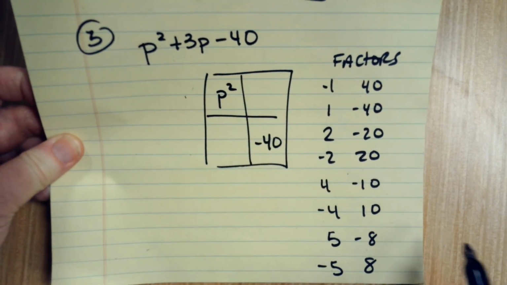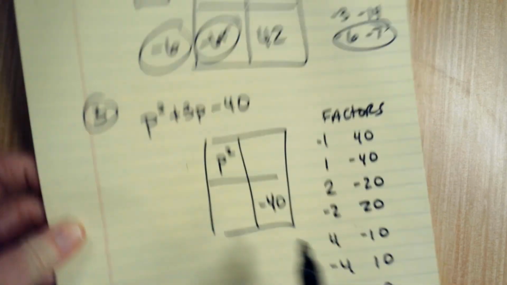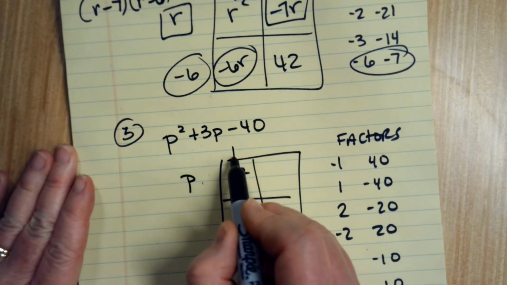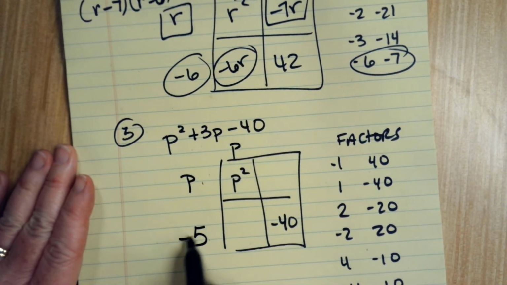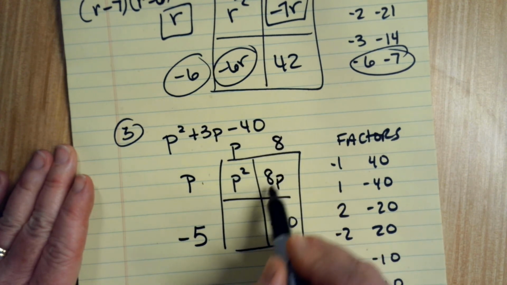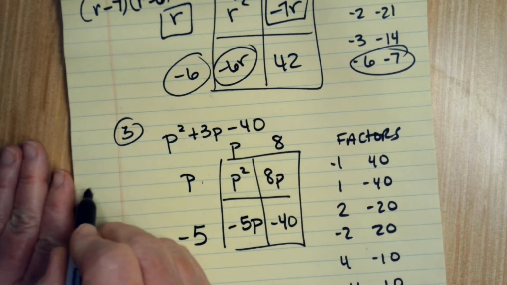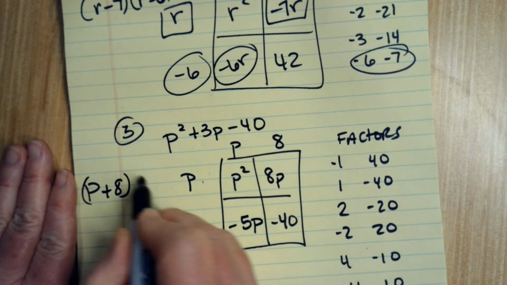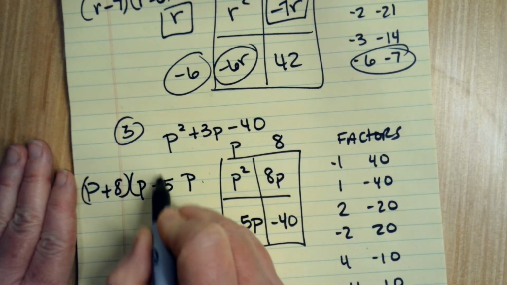And the factor pair that I want is negative 5 and 8. So this is going to be p on the outside here, and this will be negative 5 and 8. So it is p plus 8 times p minus 5.